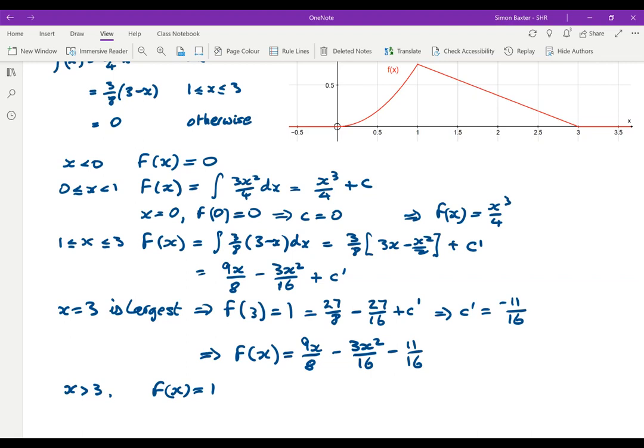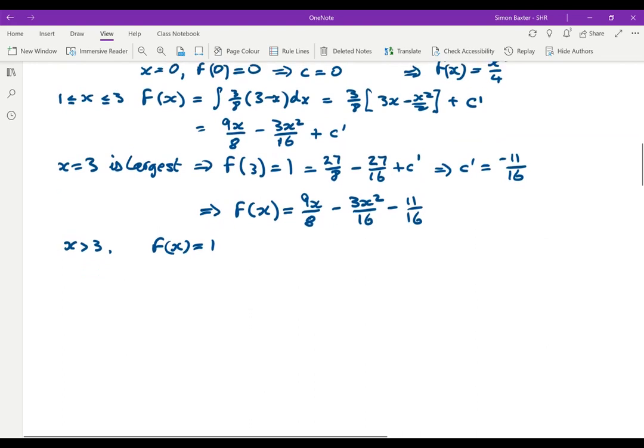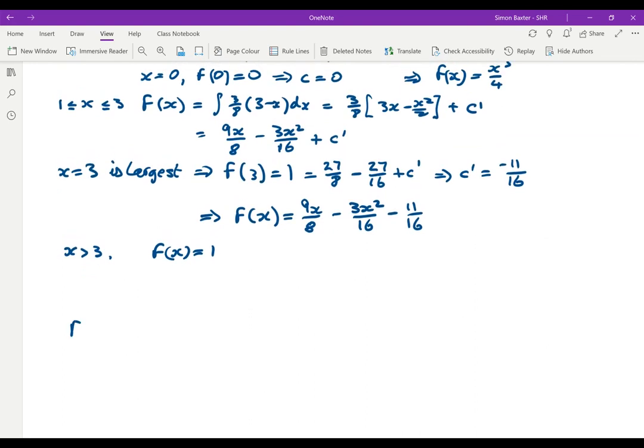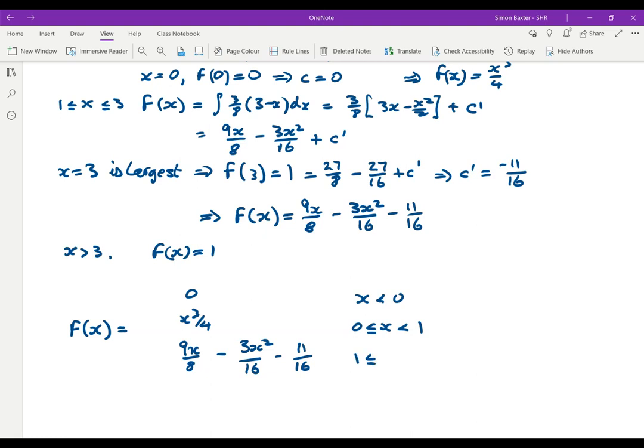So to define capital F of x, to define the function, we need to summarize it as F of x equals 0 when x is less than 0, x cubed over 4, just at the top of the page on the right, when 0 is less than or equal to x is less than 1, F of x is 9x over 8 minus 3x squared over 16 minus 11 over 16 when x is between 1 and 3, and big F of x is equal to 1 when x is bigger than 3.